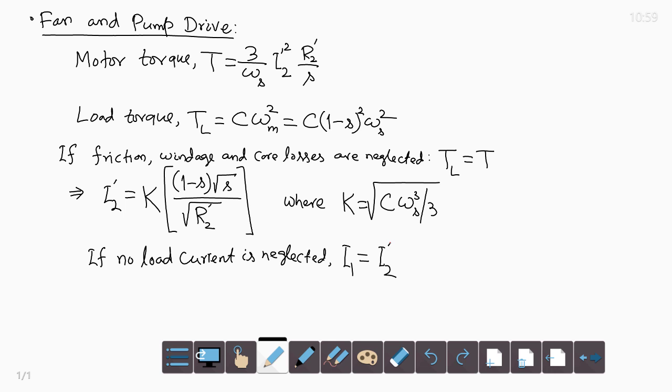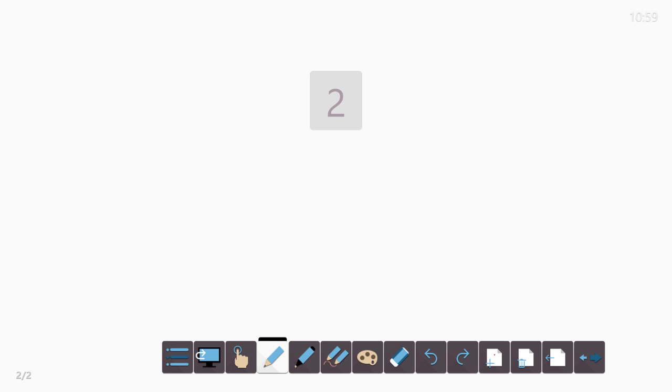So, with this, I1 is k times (1 minus s) into root over of s divided by root over of R2 dash, because I2 dash we have obtained like this.